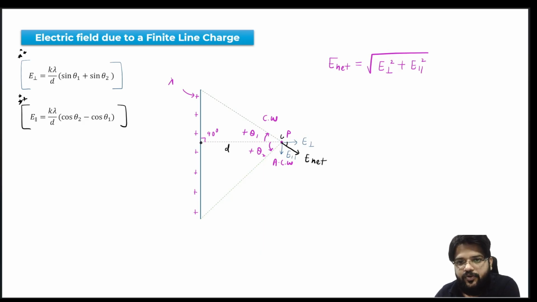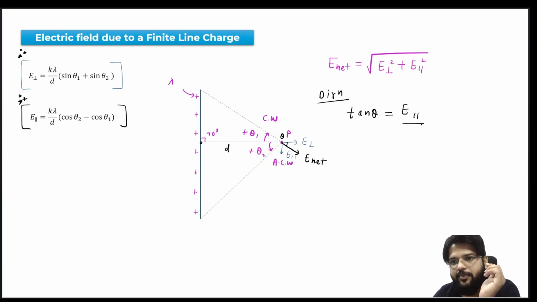This angle is theta, and we want this angle. Now we are looking for the direction, so tan theta can be written as perpendicular by base, meaning E parallel by E perpendicular. So tan theta is equal to E parallel by E perpendicular.